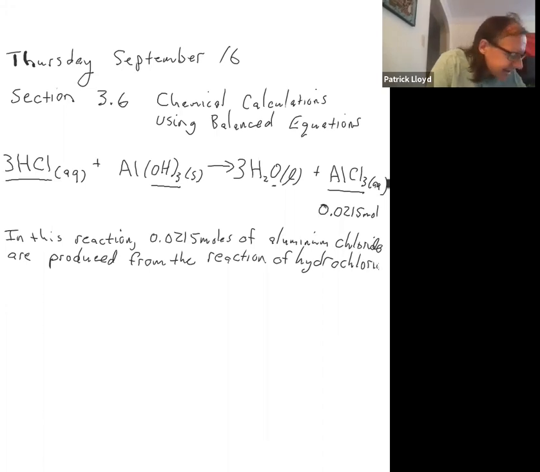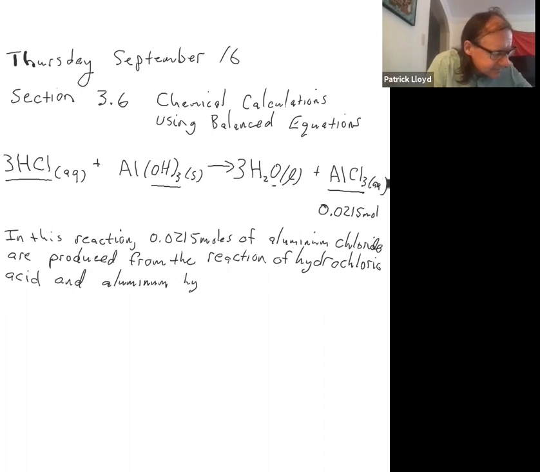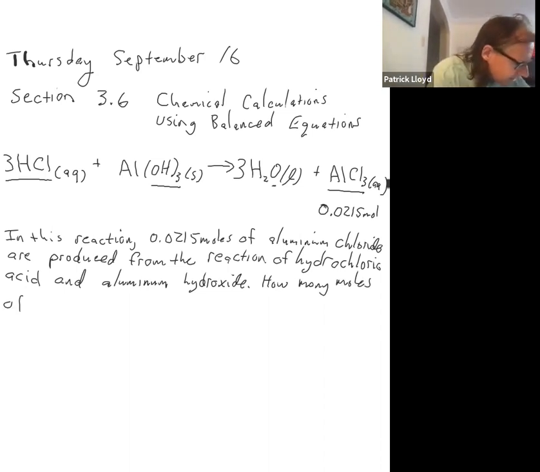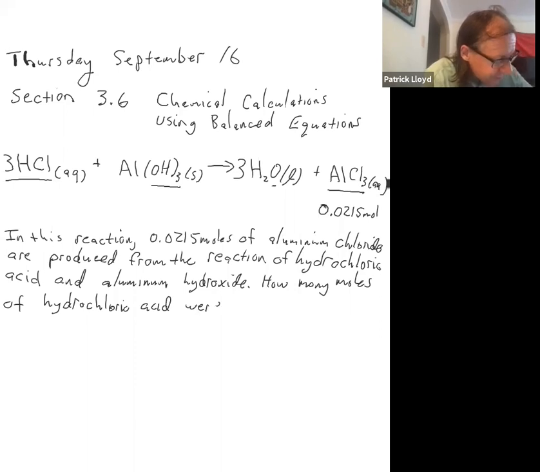Cool stuff. Muriatic acid, they call it. And aluminum hydroxide. Okay. So how many moles of hydrochloric acid were used in this reaction?